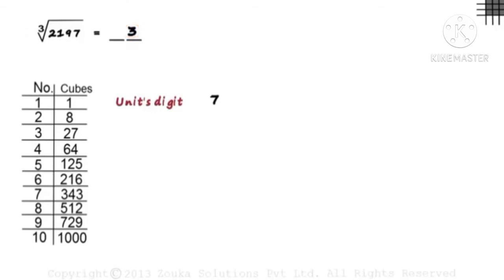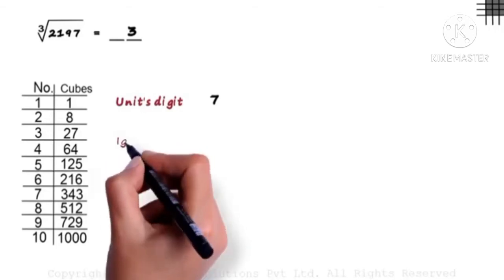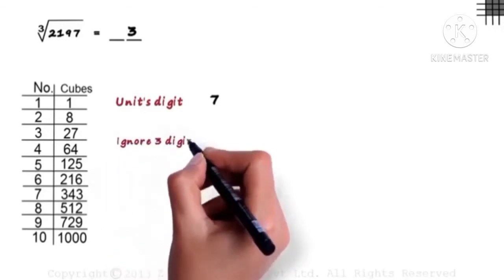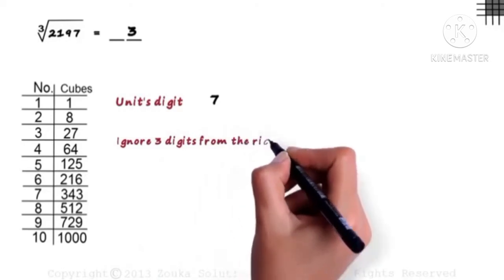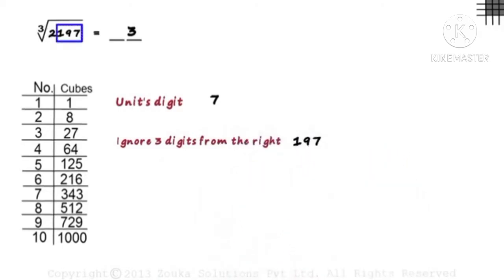Remember, the answer is the cube root of 2197. The next step is interesting. We ignore 3 digits from the right of the number. So, we ignore 197 for the moment and look at the number that remains. It's 2. This number is very crucial.